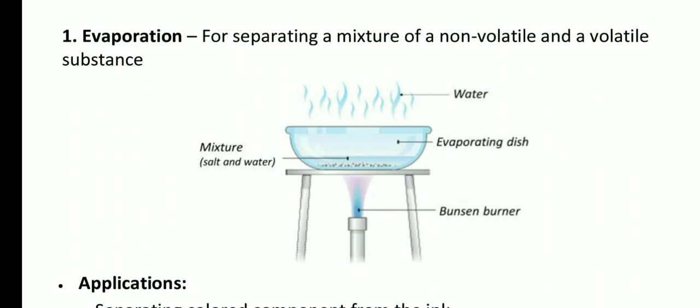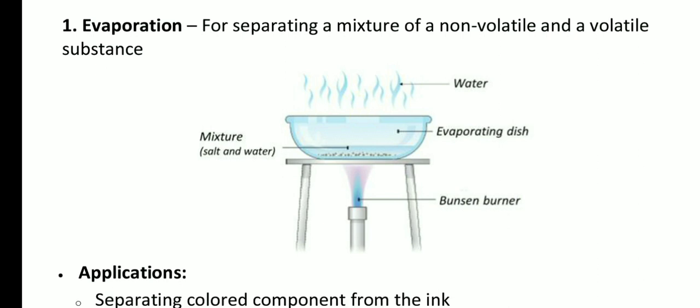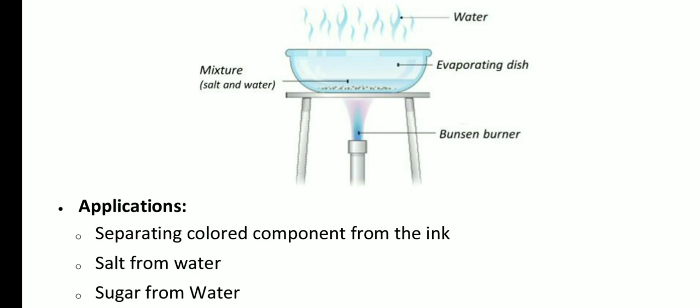In this we will see its applications and the method by which it happens. Evaporation is used for separating a mixture of a non-volatile and a volatile substance. You can also see this in the figure. Its applications are separating colored components from ink, or salt from water, or sugar from water.